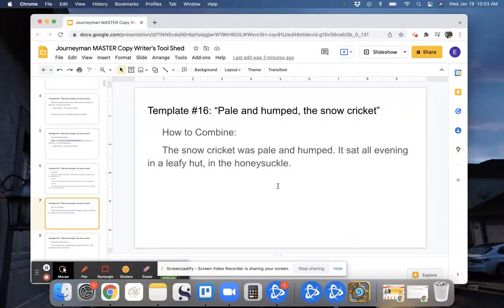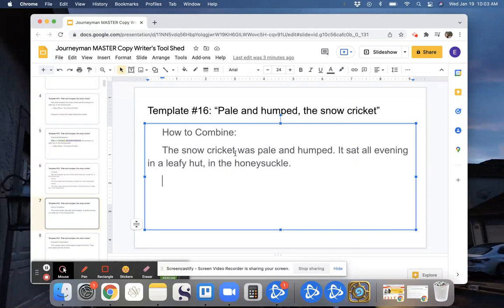So, how are you going to combine it? The snow cricket was pale and humped. It sat all evening in the leafy hut in the honeysuckle. So, you want to combine the sentence so that your subject goes with the verb. And so, clearly that's where our template went.